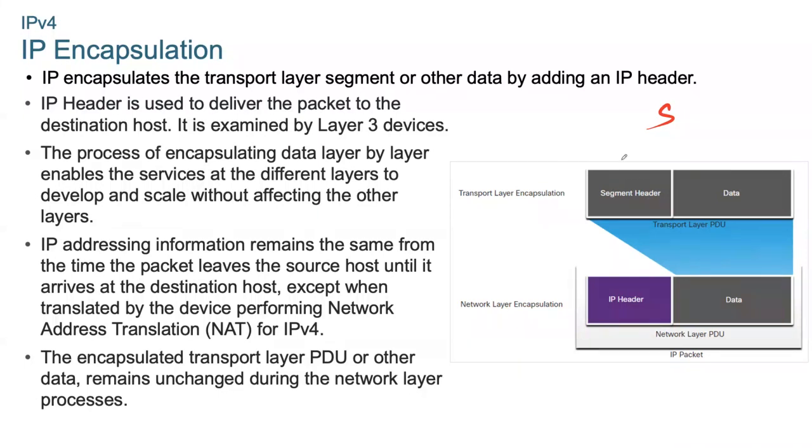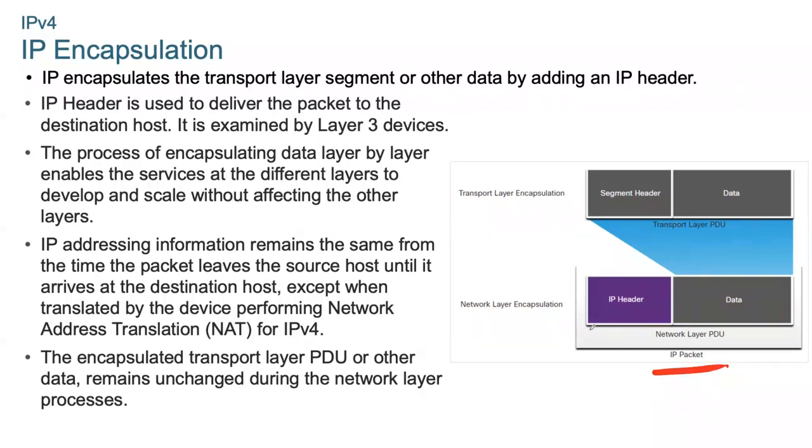In this segment header, it will mention whether it is using a TCP connection or a UDP connection, and what different port numbers are used. That will be in the segment of the transport layer. But in the network layer, the IP header will be there. This IP header will be added to this entire segment, so that becomes your IP packet.